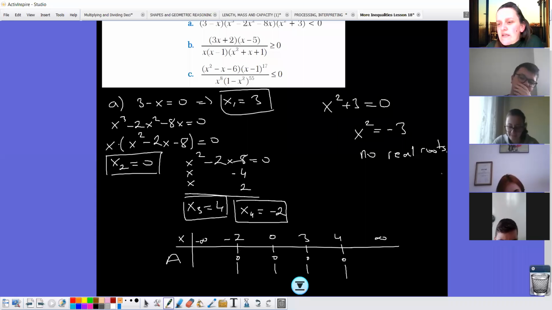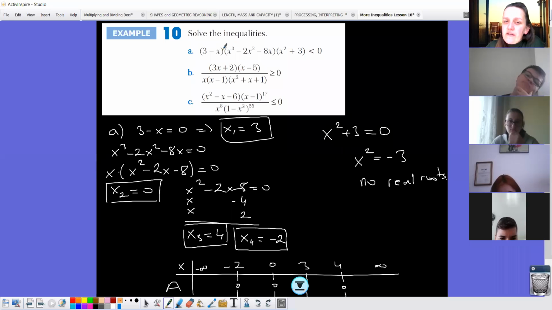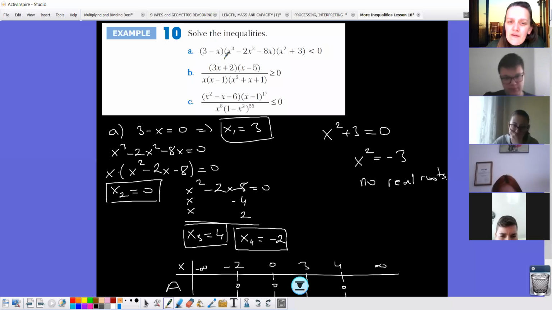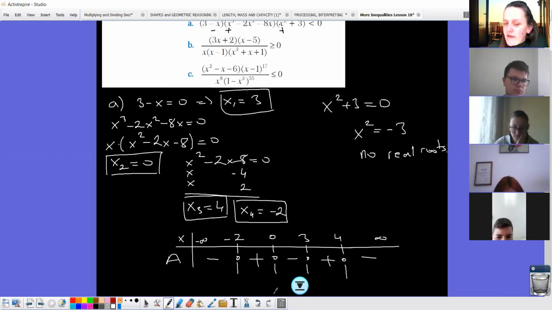Now, which one will be the leading term? Look, here you have x cubed. It is positive. So it will be minus, teacher. Yes. Here you have x squared. It is positive. Again, minus. But here we have minus. So minus times plus will be minus times again minus. So we'll start with minus, plus, minus, plus, minus.